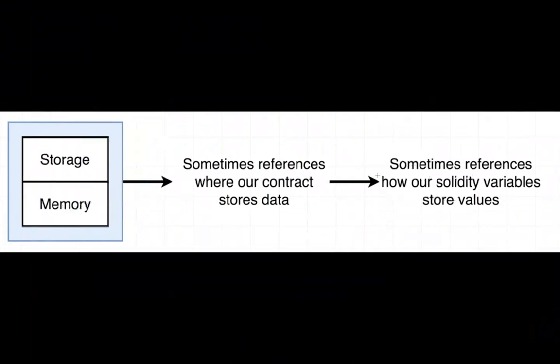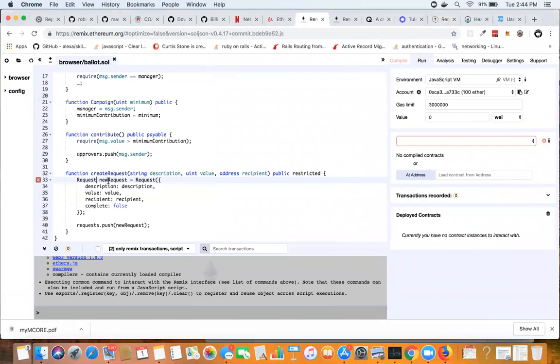Okay, so based on the last couple of lessons, the question becomes, what keyword am I going to put in here? Am I going to put storage or am I going to put memory? I said in the previous video that it had to be either storage or memory, but in this case, it's more clear cut, and here's why.